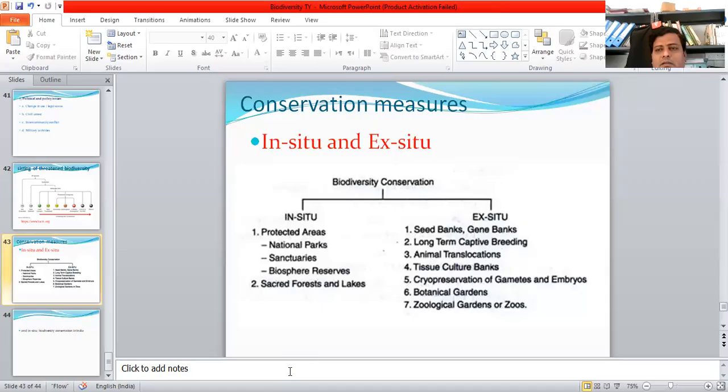It is bred in captivity, in natural reserves or zoos, and for plant species, with the help of botanical gardens, we conserve these species. Zoological gardens are there, botanical gardens are there, seed banks are there.